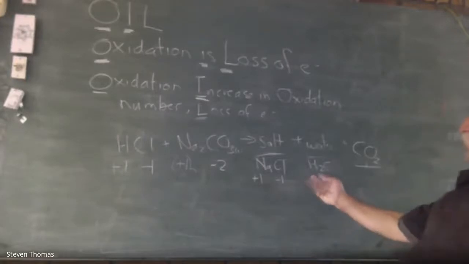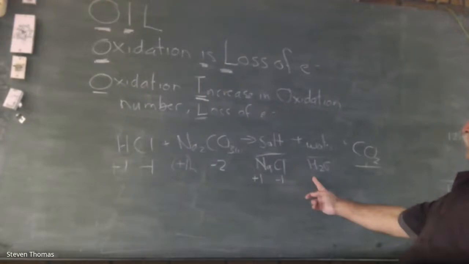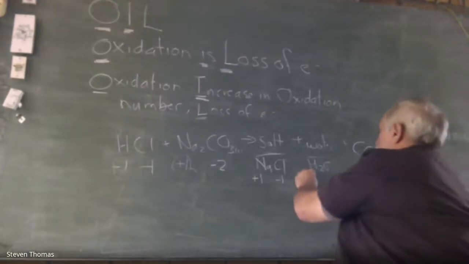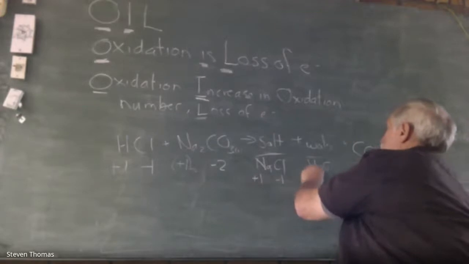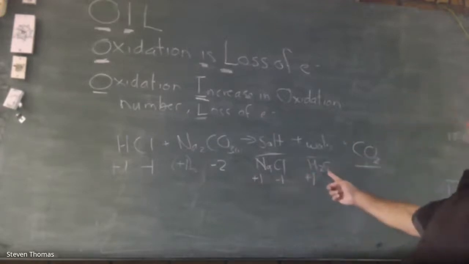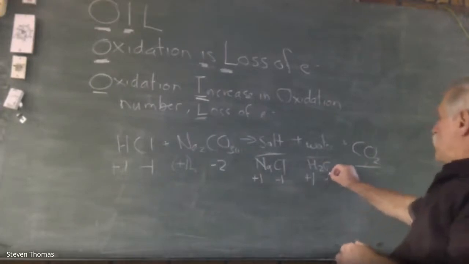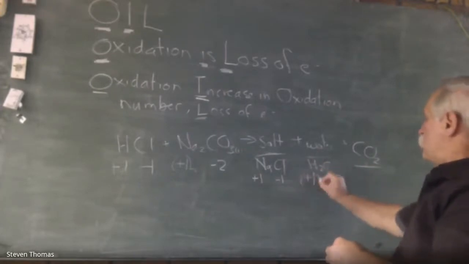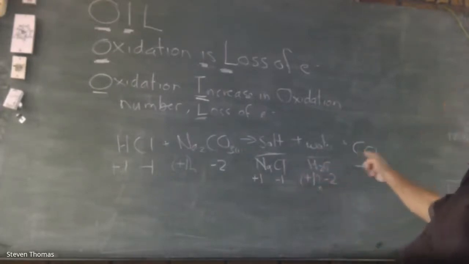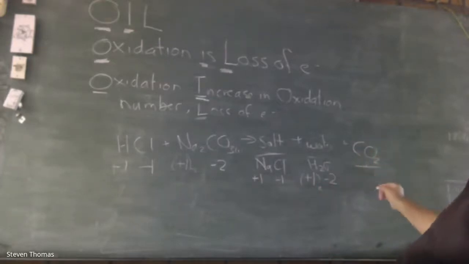Hydrogen in water is plus 1. Oxygen is minus 2, lovely, because there's 2 of those. What is oxygen here?